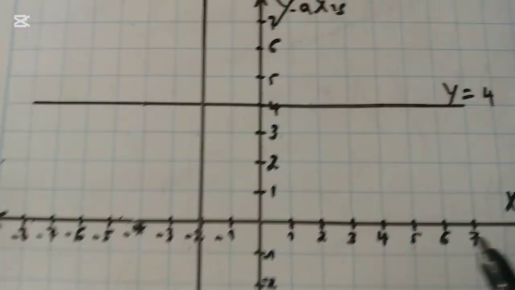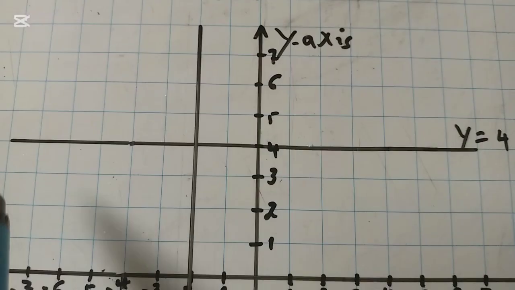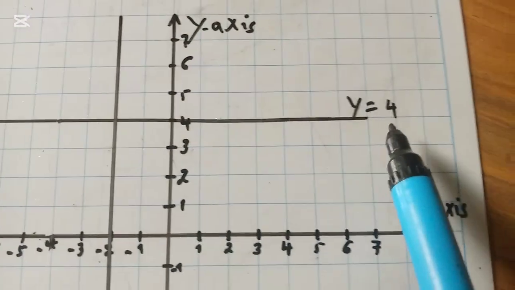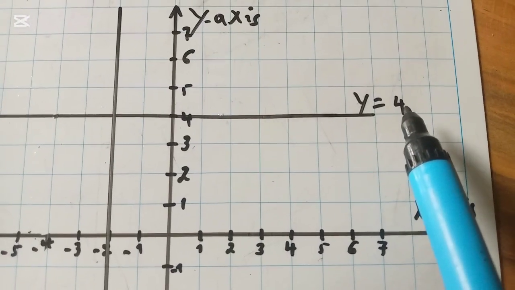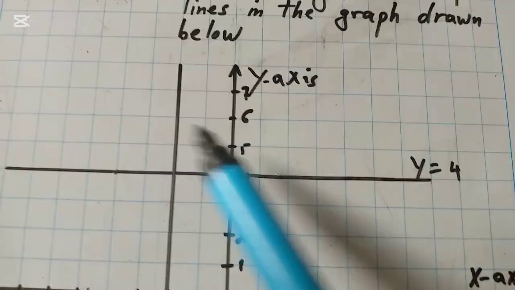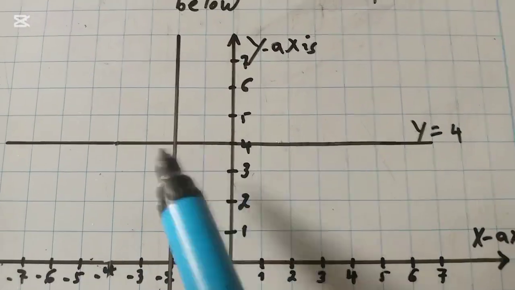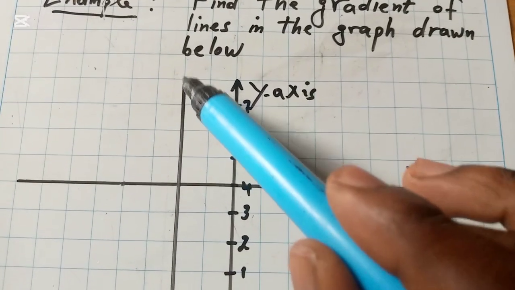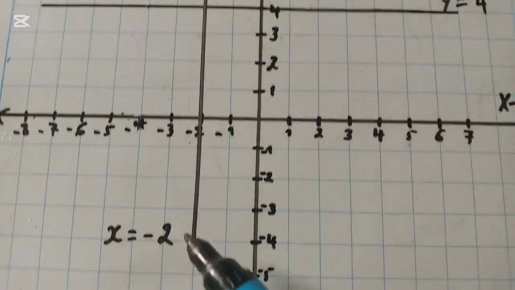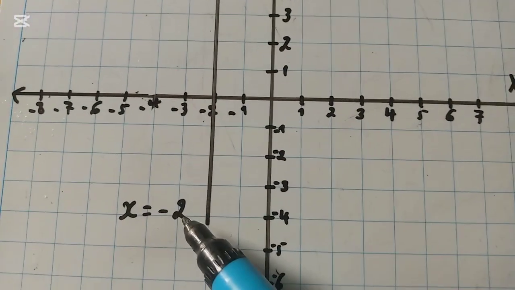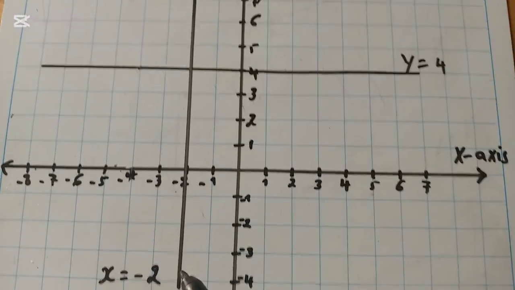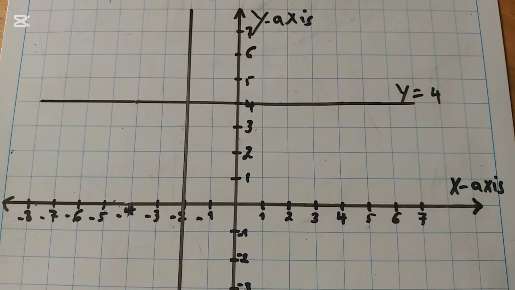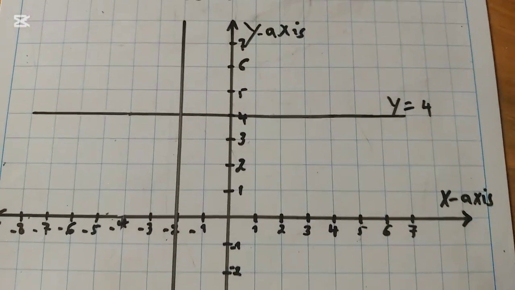Then we have this line, which is y equals 4, and this is a horizontal line. The vertical line is this one, which is x equals -2. Those are the two lines that we need to find their gradient, right?